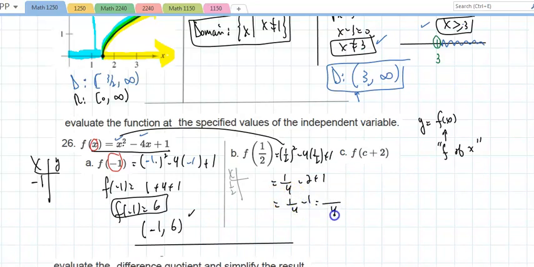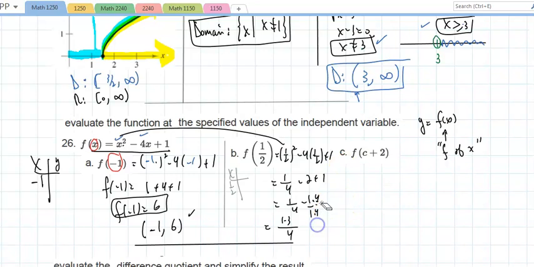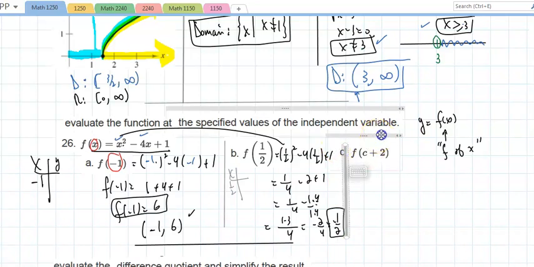The common denominator is a 4. 1 minus 3 is negative 2/4, which is negative 1/2. So, not that bad, just some evaluation. You've seen this before, I'm just reminding you of it.